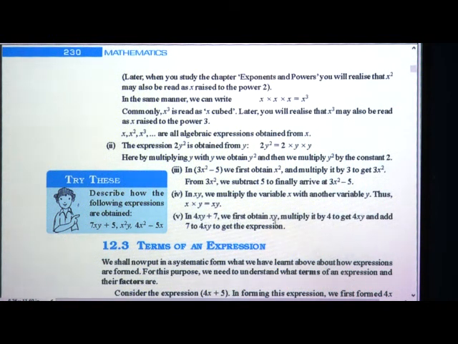So, we first obtain xy, multiply it by 4 to get 4xy, and add 7 to 4xy to get the expression. In this way, we have seen how we can get an expression.